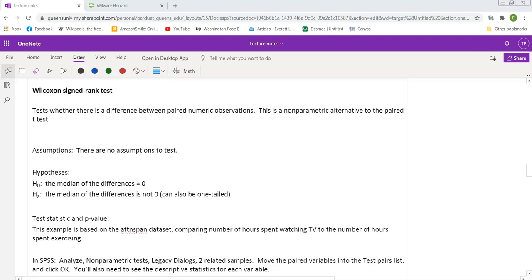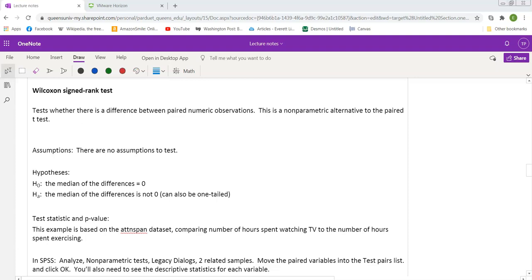But if that assumption has not been met, where we have more than a mild departure from normality, and we also don't have a large enough sample size, then we have to use a non-parametric test, which is one that doesn't require that assumption. You may be wondering why we wouldn't just always go straight to this test if we don't have to worry about assumptions on it.